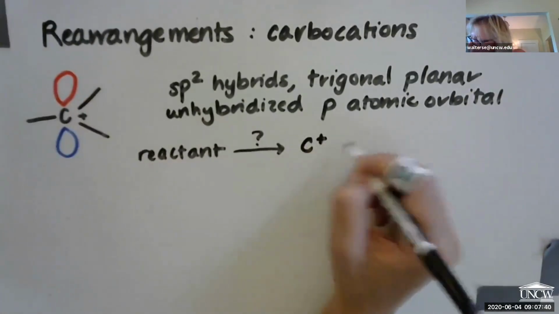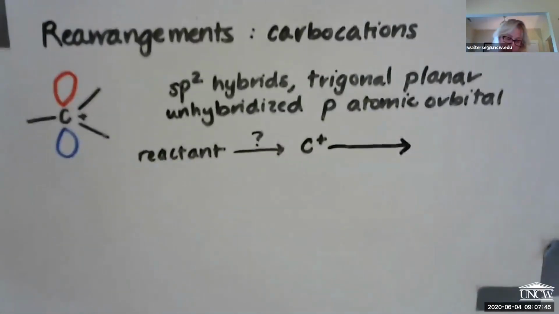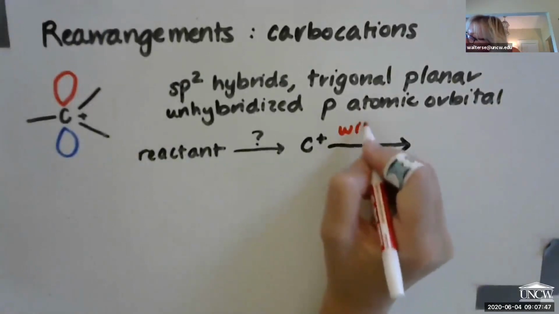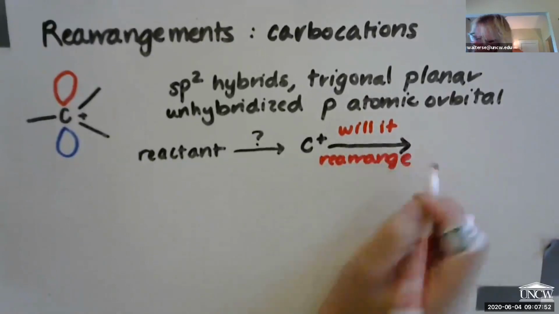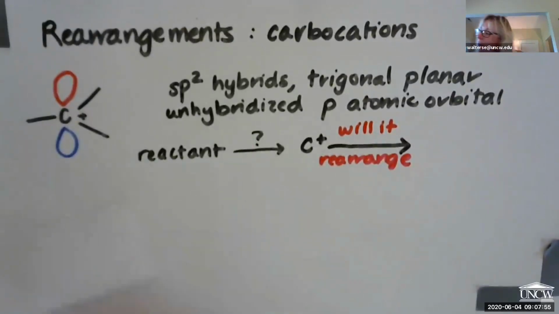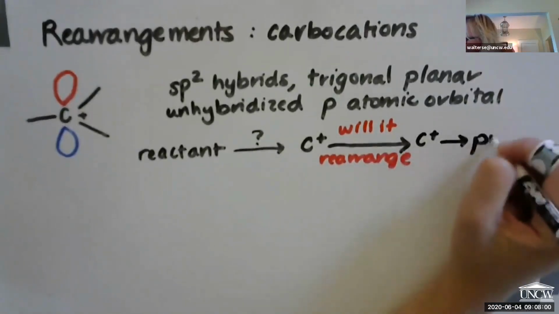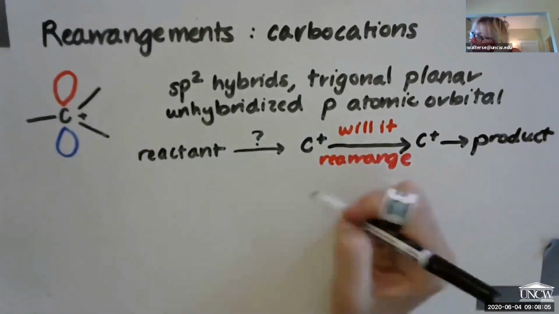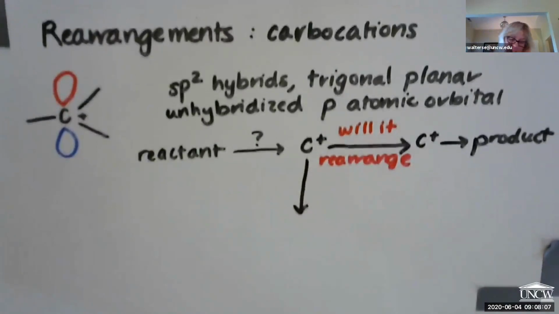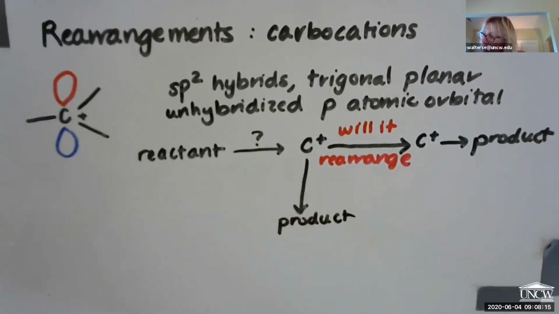Now, you have to consider here: will it rearrange to make another carbocation before a reaction takes it to product? Or will it immediately go to product with no rearrangement?